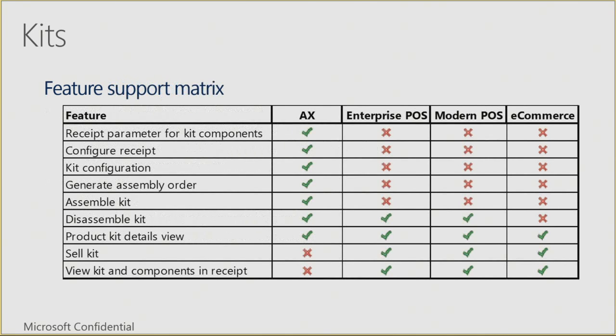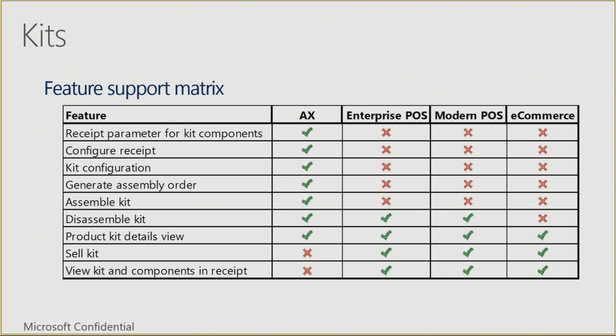From a feature support matrix standpoint, we have 4 distinct buckets: the back office functionality, the AX side, then the enterprise POS, the modern POS, and e-commerce. A green check means we do support it, a red cross means we don't.